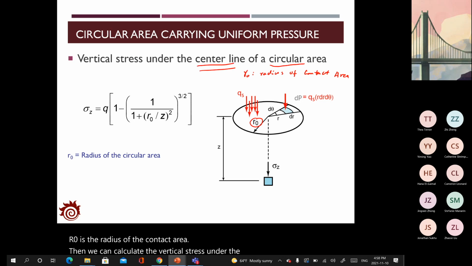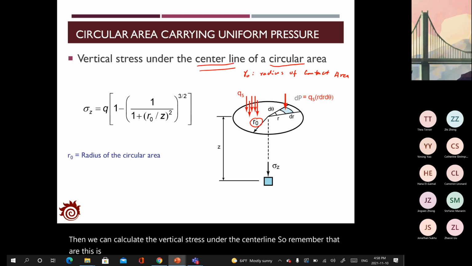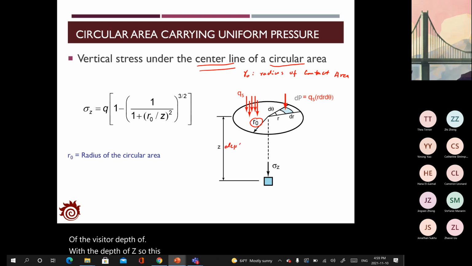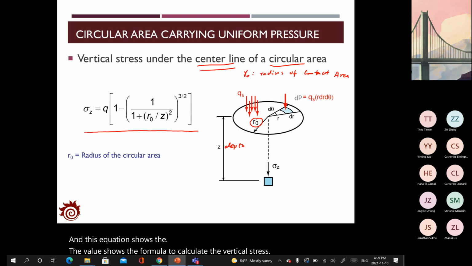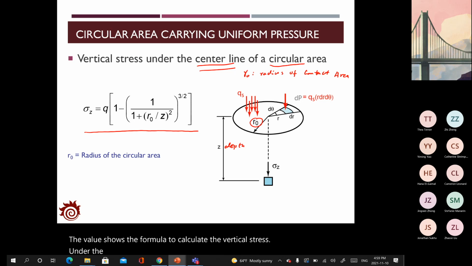So remember that this is the vertical stress under the center line with the depth of z. So z is depth. And this equation shows the formula to calculate the vertical stress under the center line, and it is also from the Boussinesq solution.